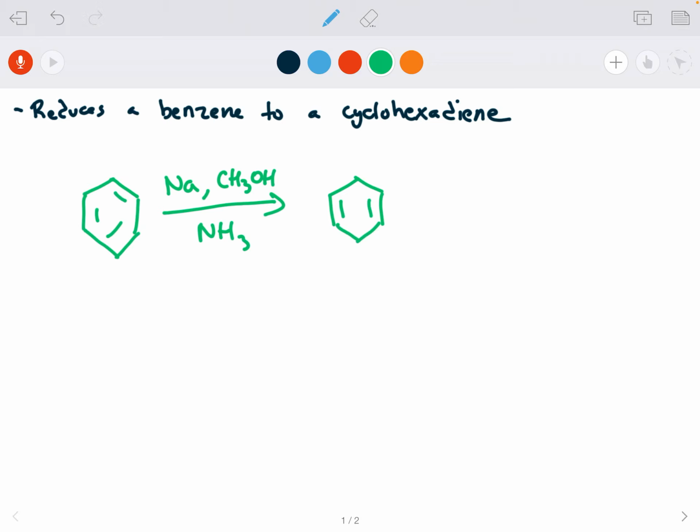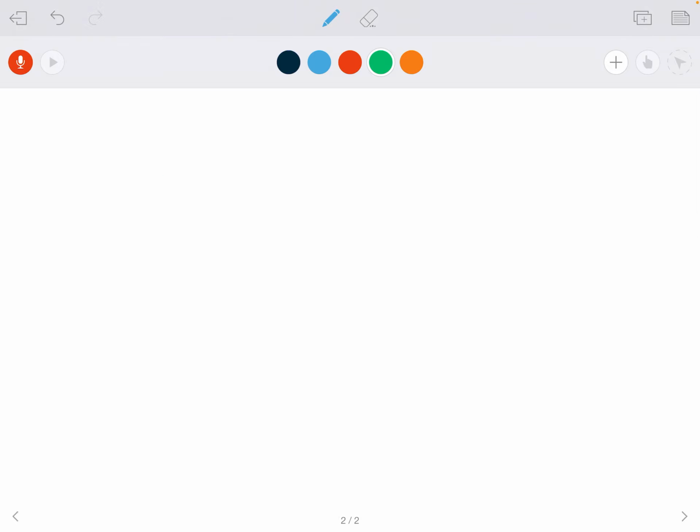So now I'm going to go through the step-by-step mechanism of this to show you how this reaction happens. Okay, the first step of the mechanism is the most complicated. So I have here my benzene.